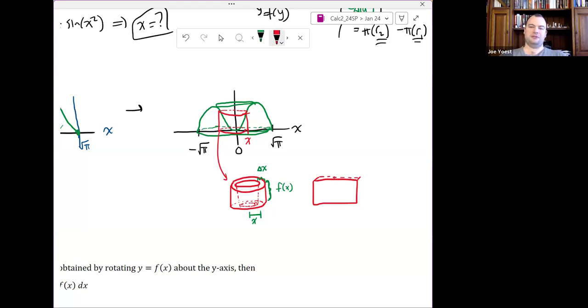And if I laid it out flat, maybe the side that came from the inner radius would pull in a little bit, making more of a trapezoidal shape. But since delta x is small and going to 0, that's something we can really not worry about too much here.